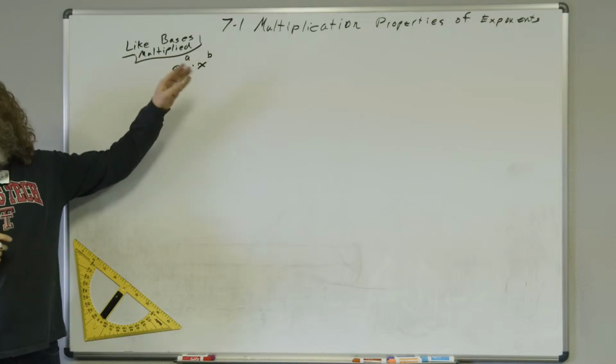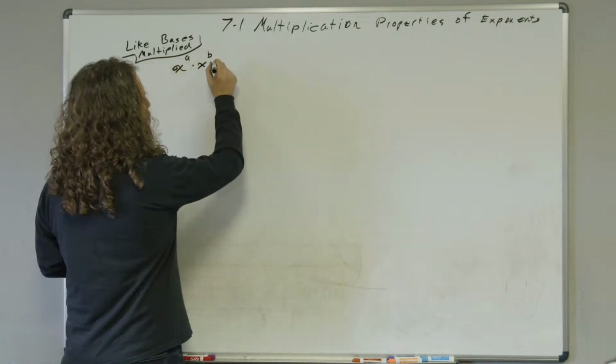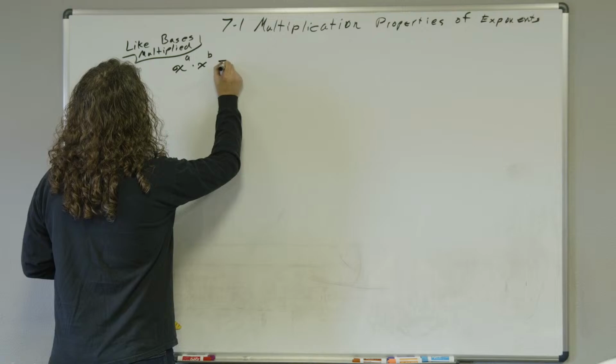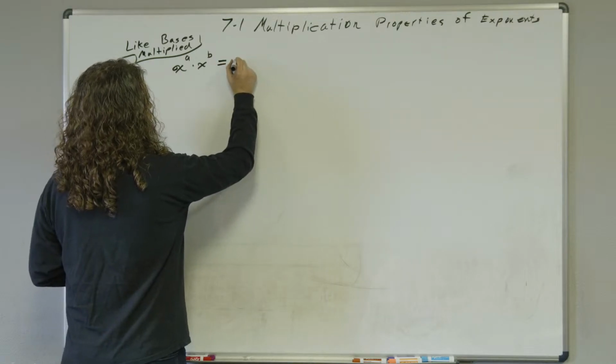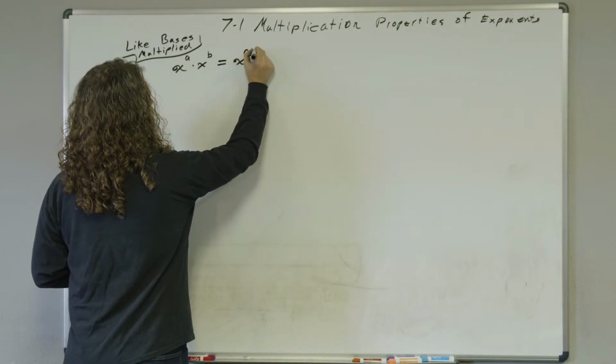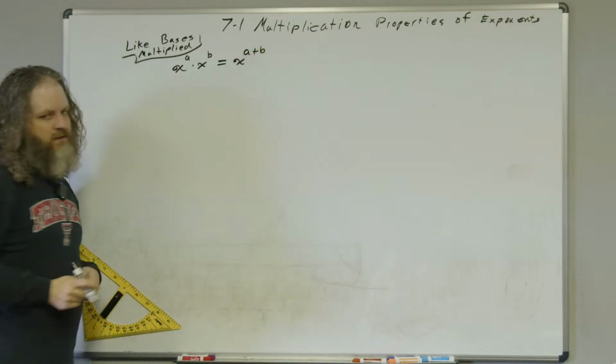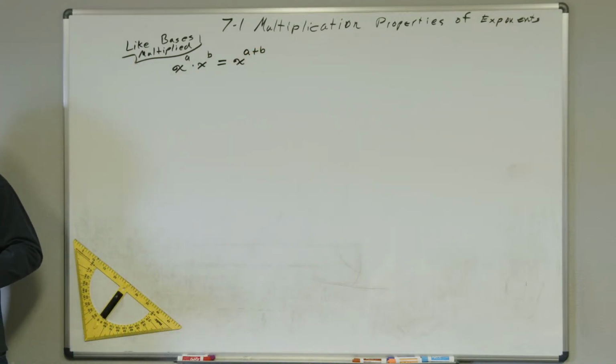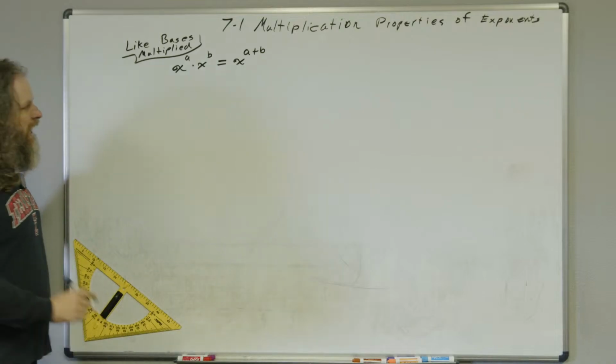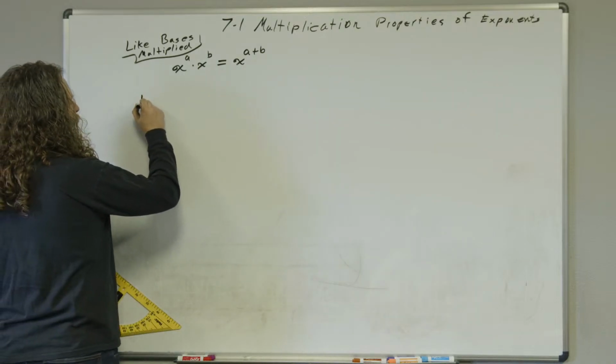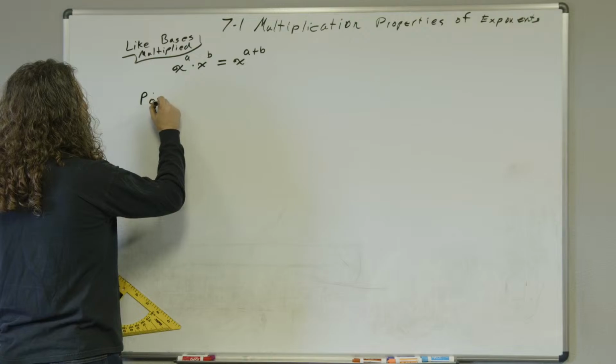They're multiplied. They've got different exponents. If you have like bases multiplied, you add the exponents. So this would be x to the A plus B. Okay? The second property is if we have a power to a power.